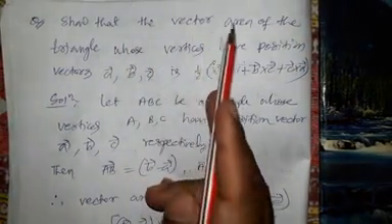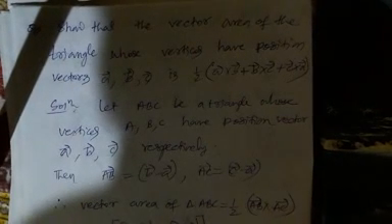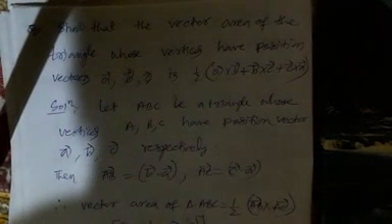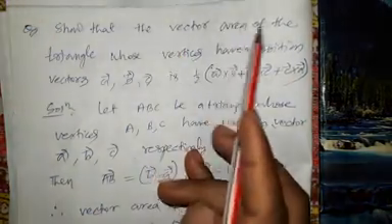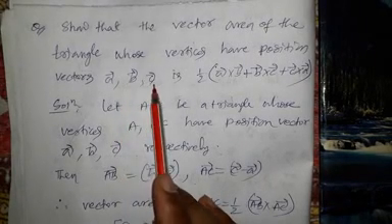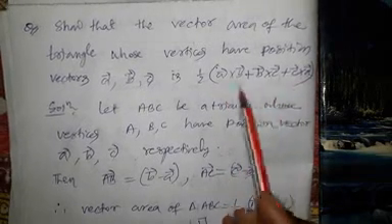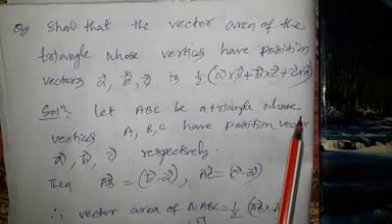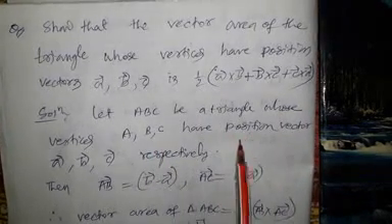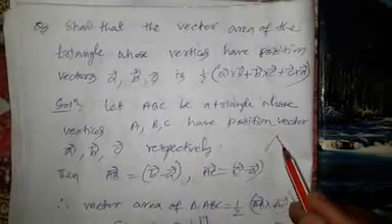So that the vector area of the triangle whose vertices have position vectors A vector, B vector, C vector is half of A cross B plus B cross C plus C cross A. Let ABC be a triangle whose vertices A, B, C have position vectors A vector, B vector, C vector respectively.